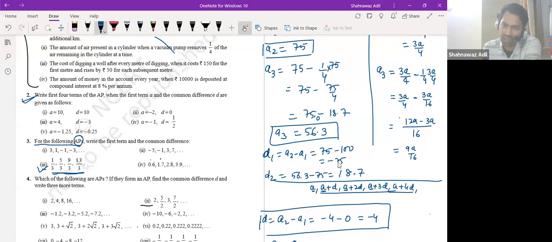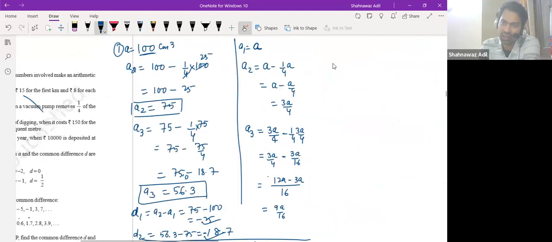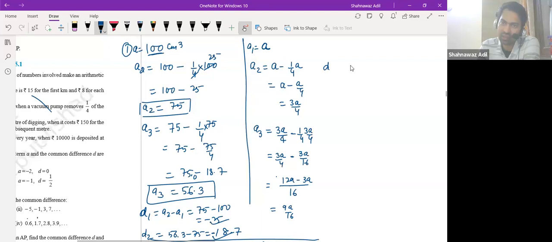So you can see that these are not equal. Or we can also see that D1 is A2 minus A1, which is 3A by 4 minus A, which is 3A minus 4A divided by 4, so which is minus A by 4.